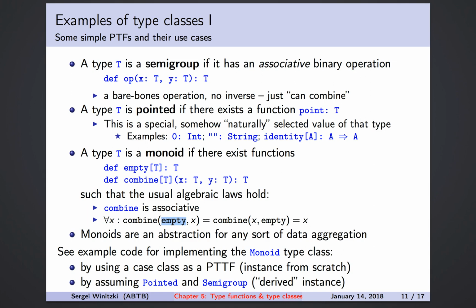So one obvious context is log aggregation. So you add logs and it's still a log. So you can add more, put two logs together. It's a bigger log, but it's still a log. So you have an empty log, or you can combine two logs that are maybe empty or not, and you still have a big log as a result.